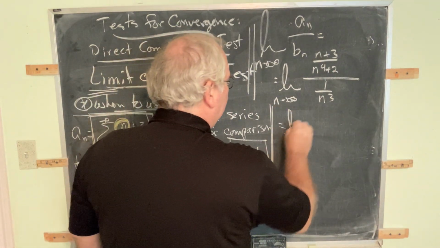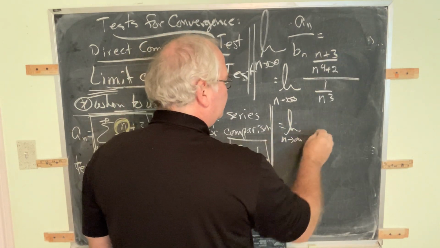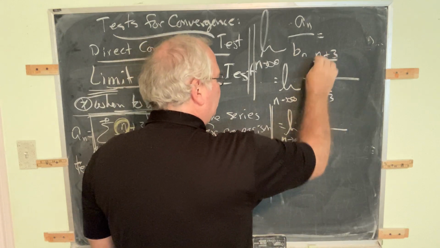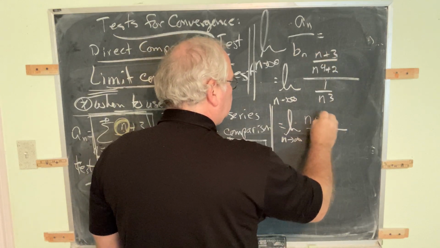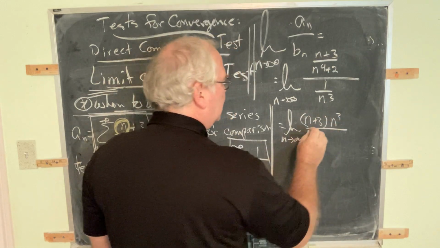So this is the limit as n goes to infinity. This is multiplied by the reciprocal, right? So this is n plus 3 over n to the 4th plus 2n, multiplied by the reciprocal. The first time I'm going to show all my work here, this is basic algebra.